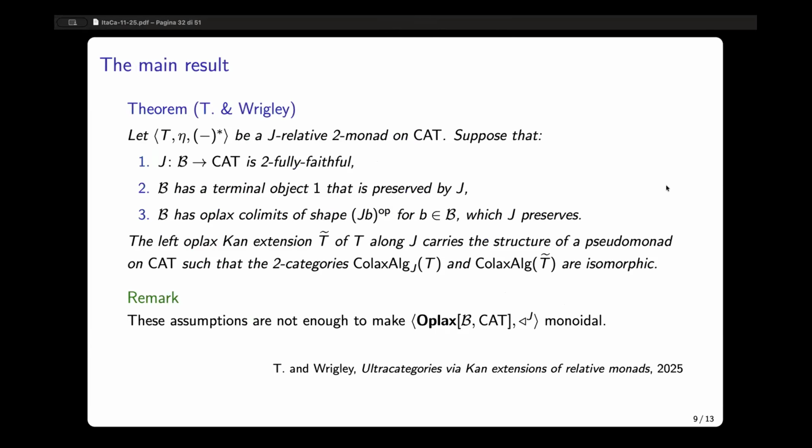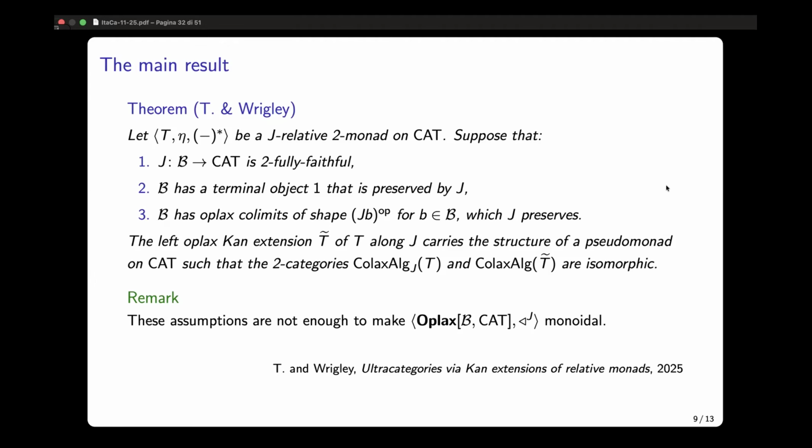The sweet spot we found to solve this issue is given by our main theorem in the paper, which says that if we have a J-relative 2-monad T on Cat where J is 2-fully faithful, B has a terminal object and J preserves it, and B has at least every Oplax colimit of shape JB op for B in B, and J preserves them, then we can perform this unrelativization by taking left Oplax Kan extensions.